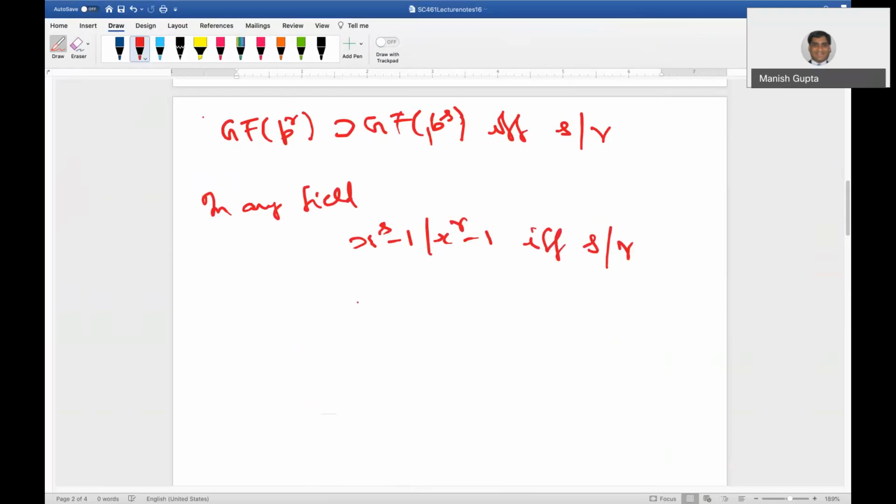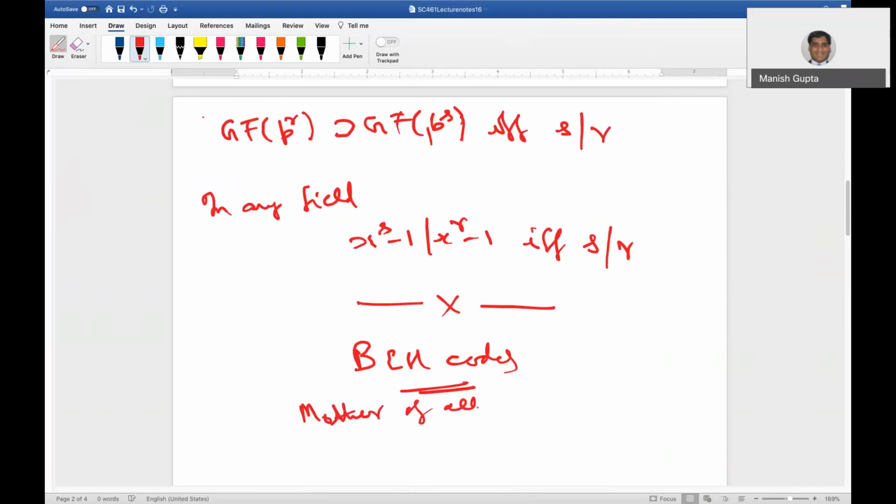So I think that's all for today. In the next class, we are going to start BCH codes. This machinery is sufficient for us to give you the basic definition of BCH codes. BCH codes are known as the mother of all block codes, and very useful, because BCH stands for Bose Chaudhuri Hocquenghem codes.